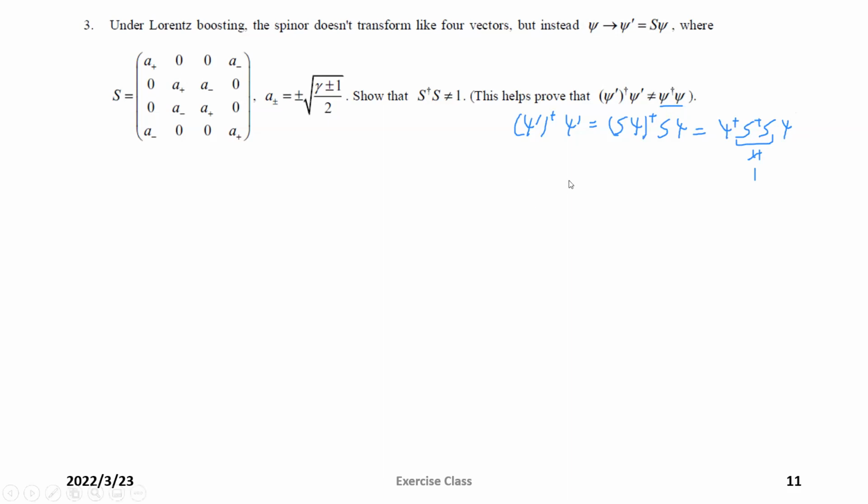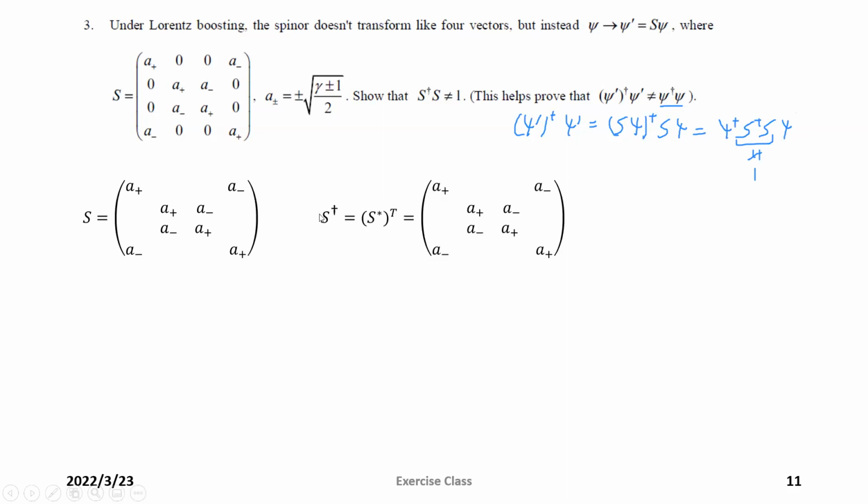So first we just obtain the Hermitian conjugate. We do the complex conjugate and take the transpose. Here all the elements are real, so we just take the transpose.